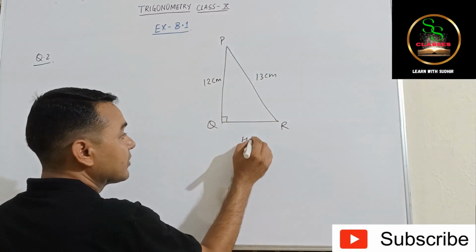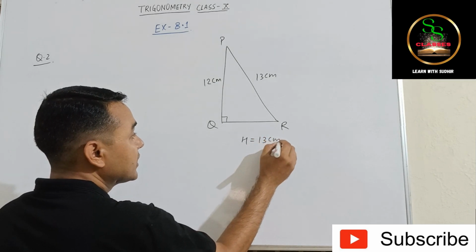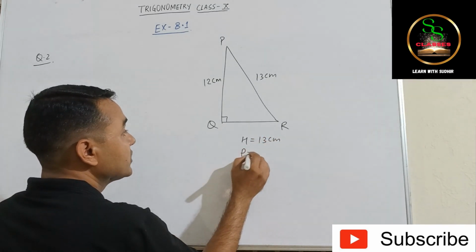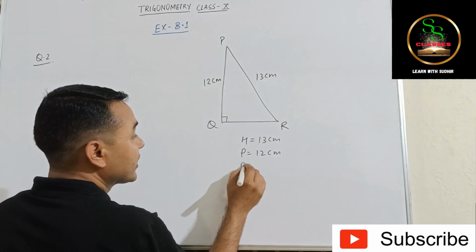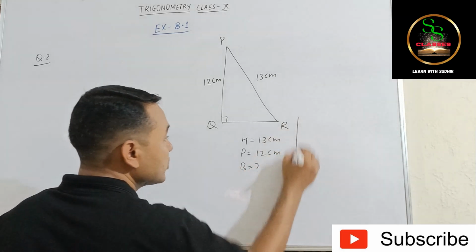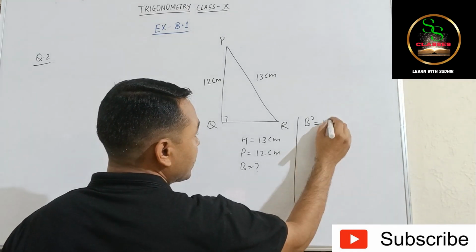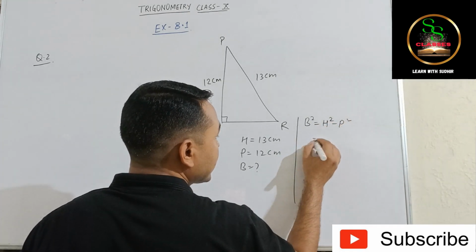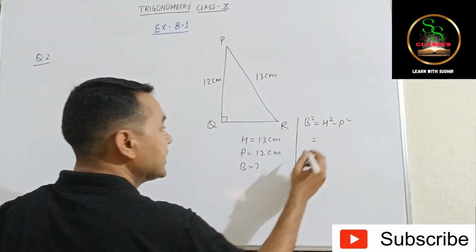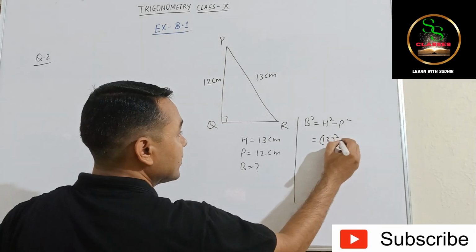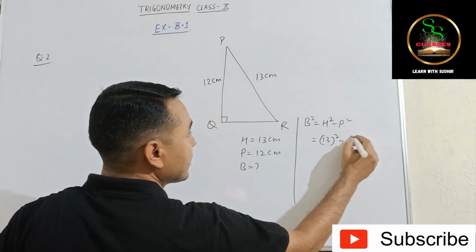Here they have given hypotenuse is 13 centimeter and perpendicular is 12 centimeter. Now we have to find the base. So as we all know, we will use Pythagoras theorem. Base square is hypotenuse square minus perpendicular square. Hypotenuse is 13. So 13 square minus 12 square.